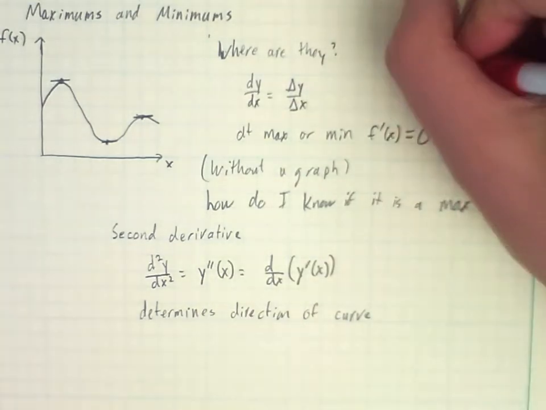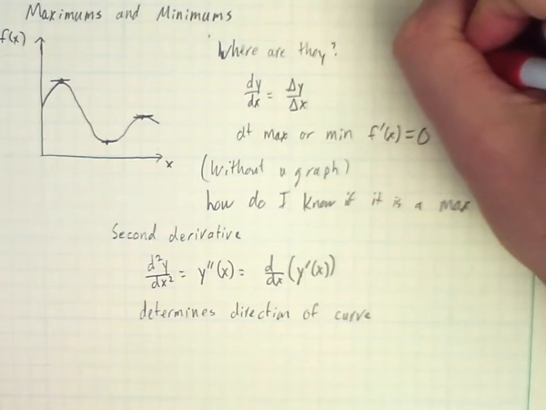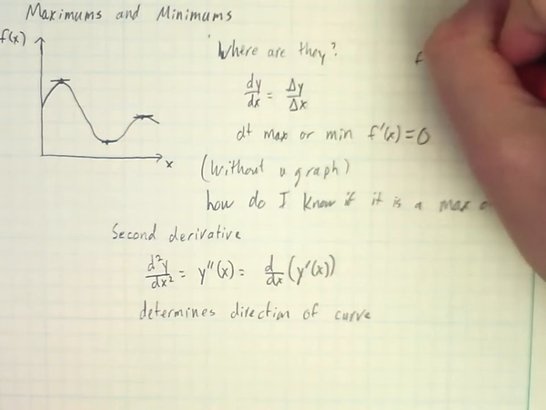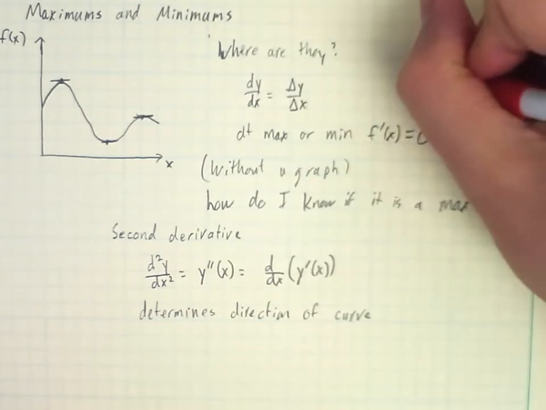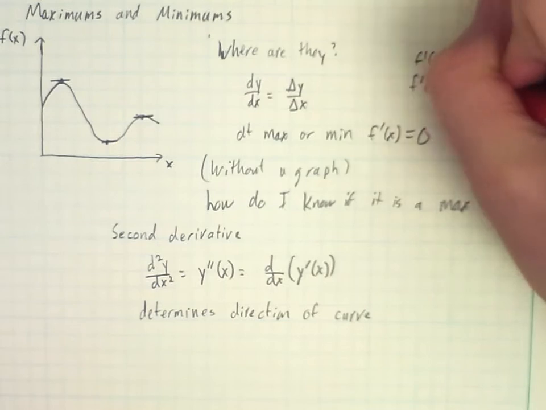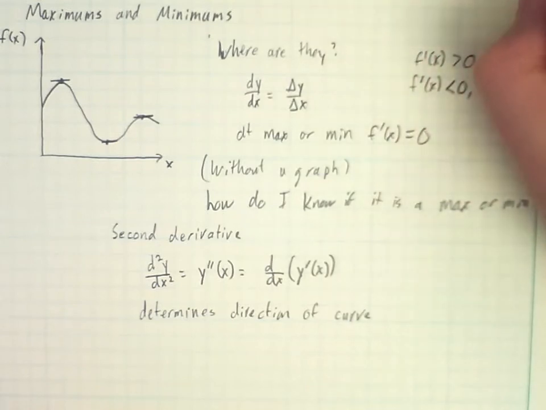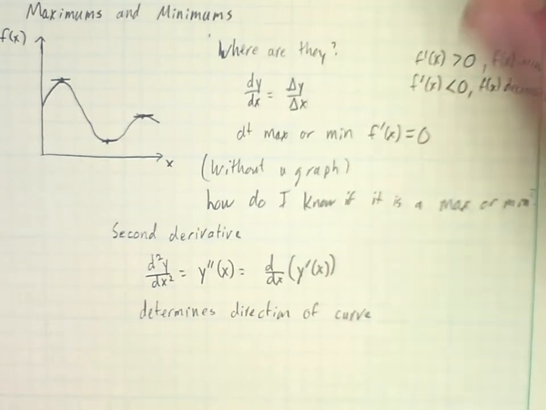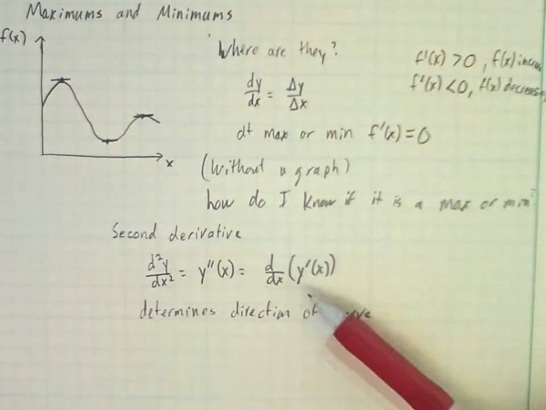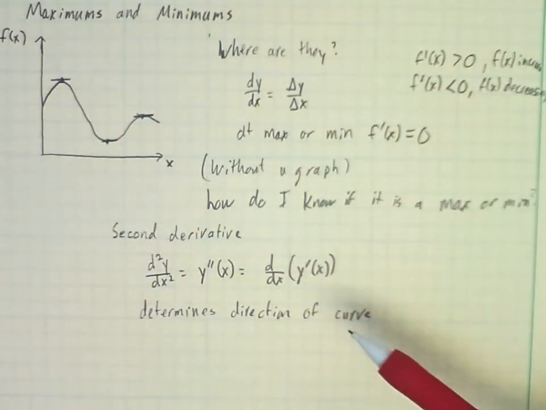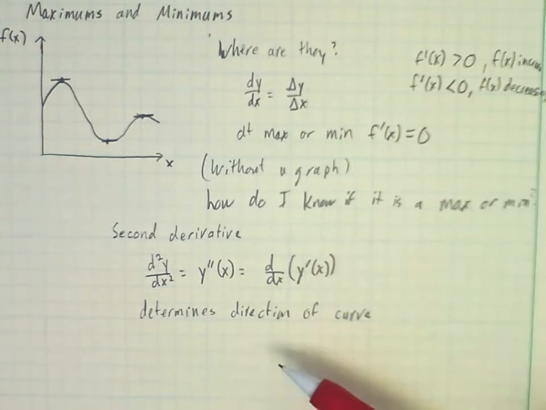So if the derivative is greater than 0, f of x is increasing. If the derivative is less than 0, it's decreasing, and it has a negative slope, right? Negative slope, it's going down. So the derivative tells us what's happening with the function. Well, the second derivative tells us how the derivative is changing.